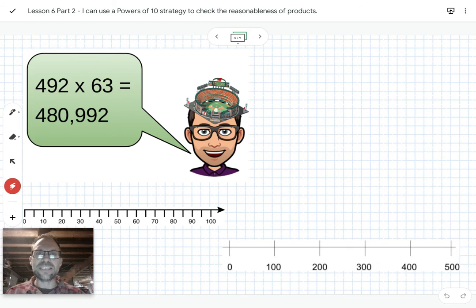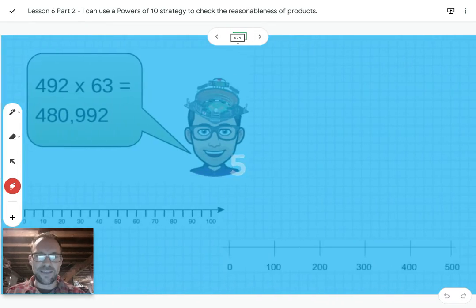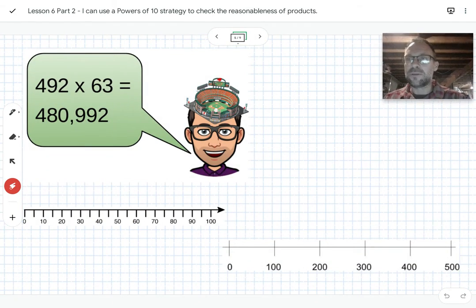So step 1, we are going to round each factor to the nearest power of 10. Now, because we're beginning, I have some number lines here to help us. Let's round 492 first, shall we? 492, what multiple of a power of 10 is that really close to? Well, 400 is here on the number line, and 92 is way over here, isn't it?